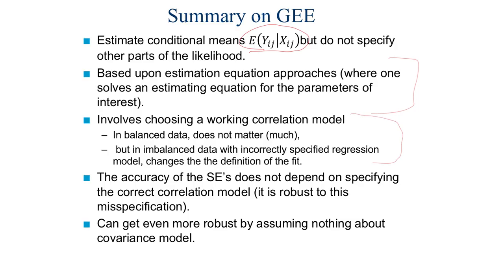Working correlation model, basically if it's balanced, you don't care. If it's unbalanced, I advocate just using exchangeable, but the estimates will be different depending on which one you use, exchangeable, independence or another one. And when they're different, again, you could think about doing other things like reweighting the data external to the procedure.